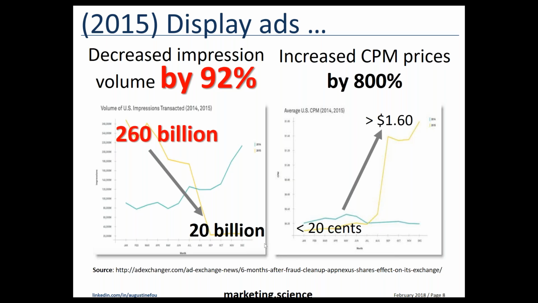They reduced their impression volume from 260 billion ad impressions to 20 billion. And they also raised prices, so don't feel too sorry for them. But in this case, it's even hard to fathom the fact that you can reduce ad impression inventory by 92%. So basically, the question becomes, what were those marketers buying before they did the cleanup, right?